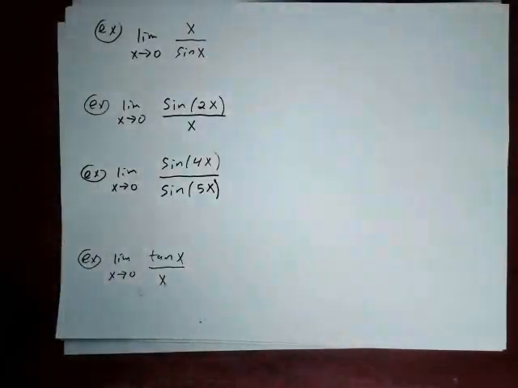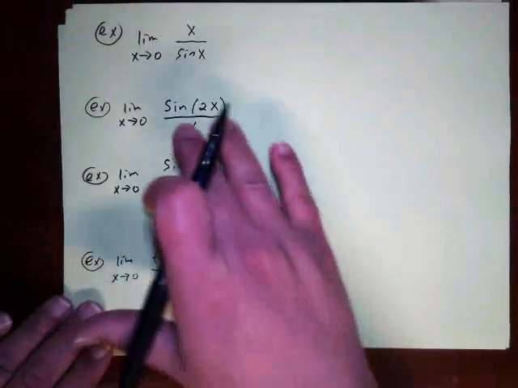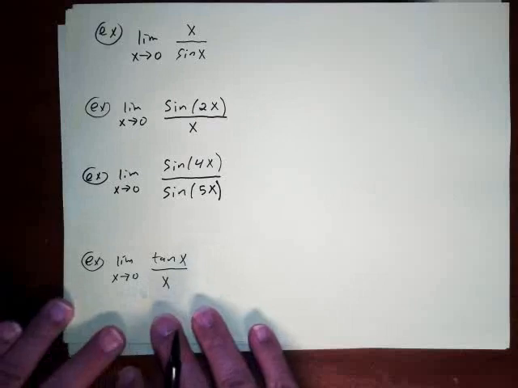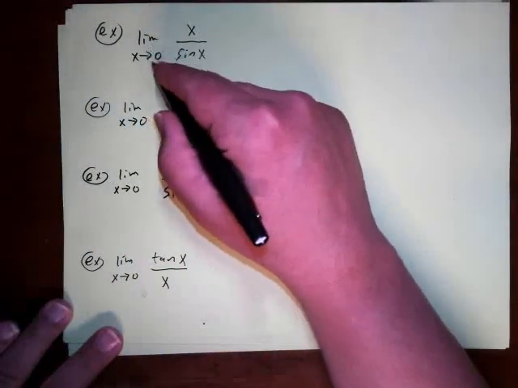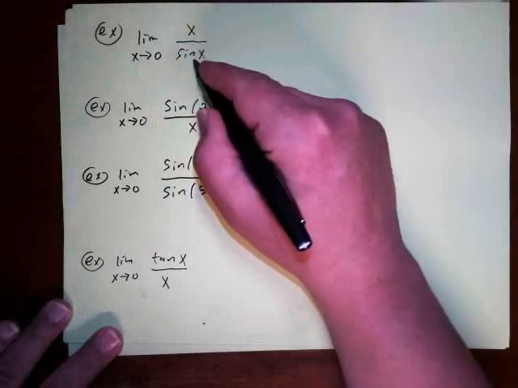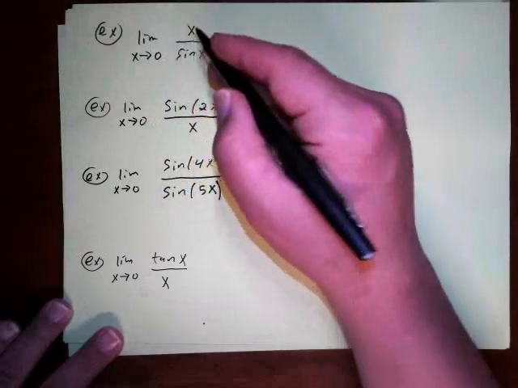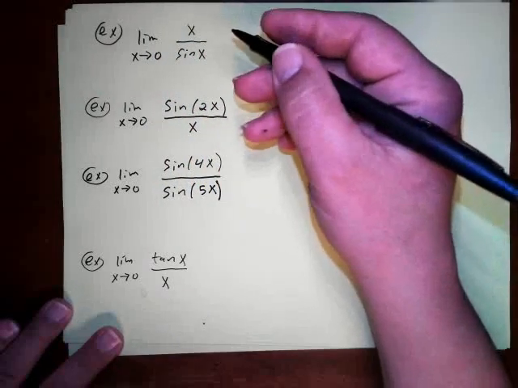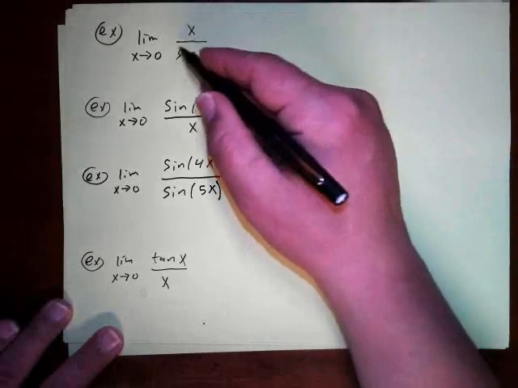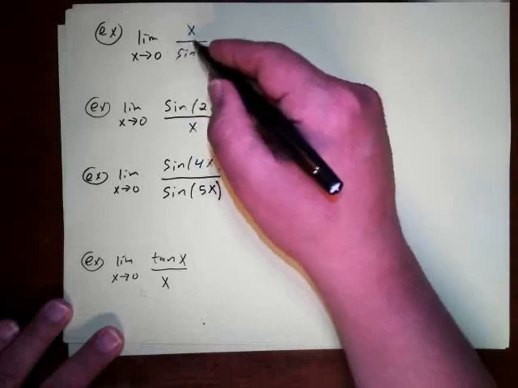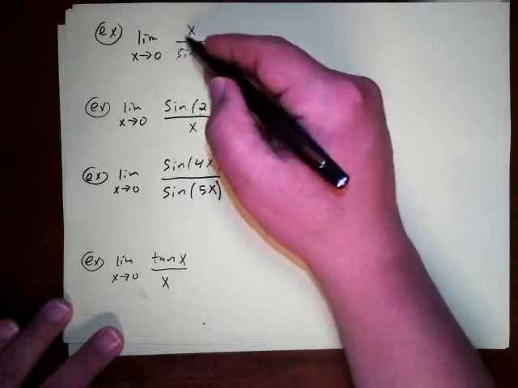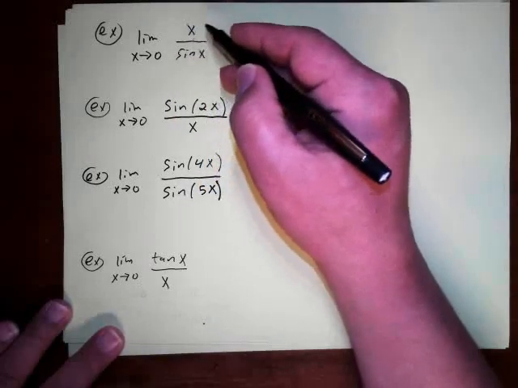So now what I want to do is show you how you can use that limit to find some other limits. So this is finding the limit as x goes to 0 of x over sine of x. It seems like maybe the reciprocal of 1 is 1, so maybe the limit of the reciprocal would also equal the reciprocal of the limit.